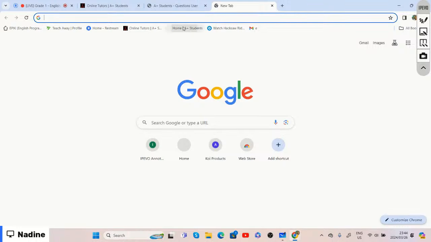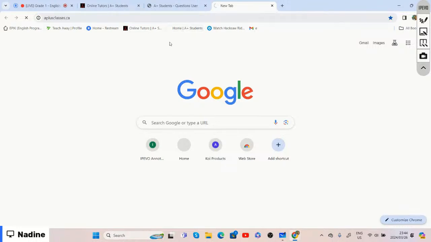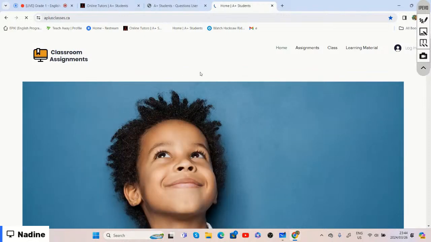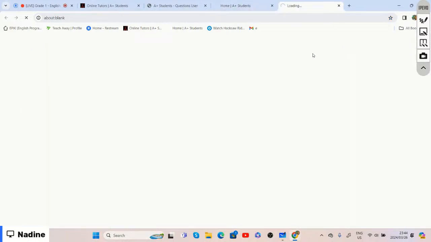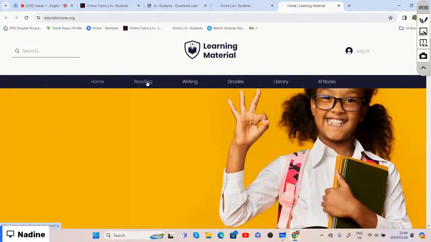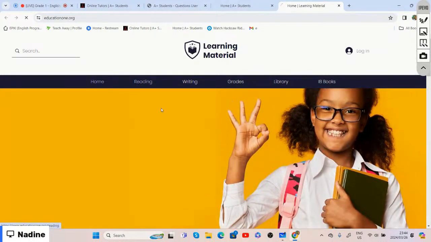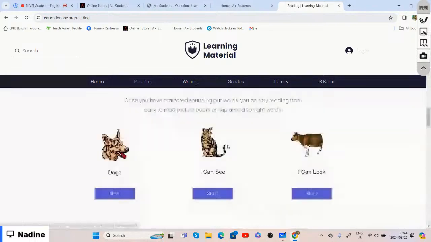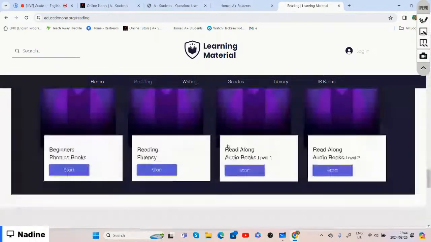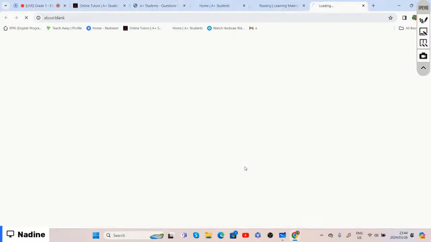All right, so now we are quickly going to go to A plus classes.ca, going to learning materials, right? We're going to reading, and then we're going to scroll right down until we get the four purple boxes.